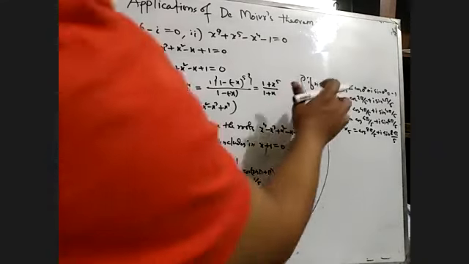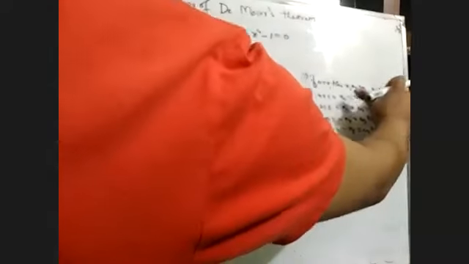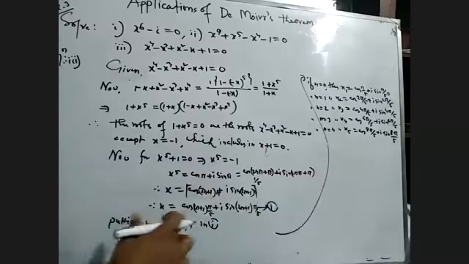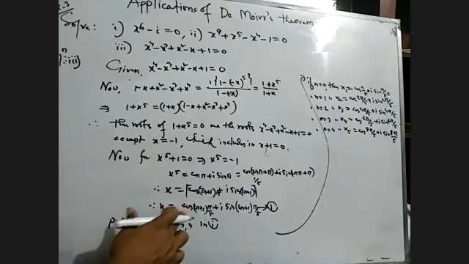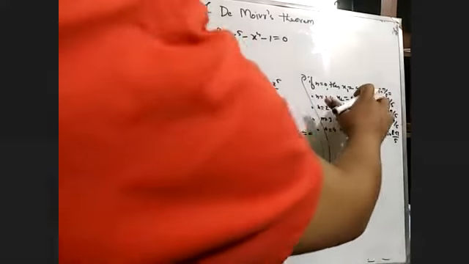So for n equals 0, we get cos pi by 5. Okay. For n equals 1, this will be thrice pi by 5.